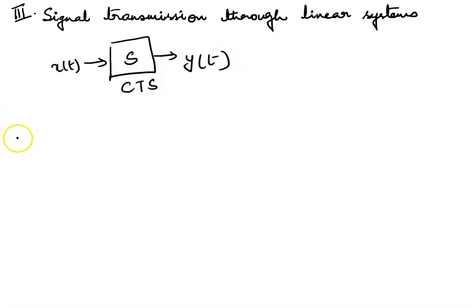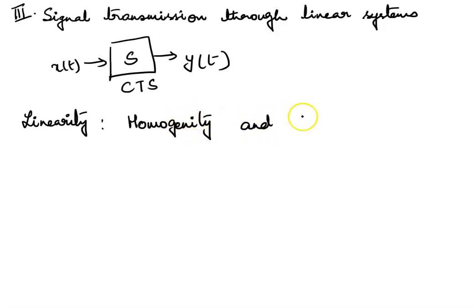Firstly, let us understand the concept of linearity. When you talk about linearity, we've already seen in the earlier classes that two different phenomena have to be met. The first one is homogeneity and the other one is additivity. Both of them together are called superposition.